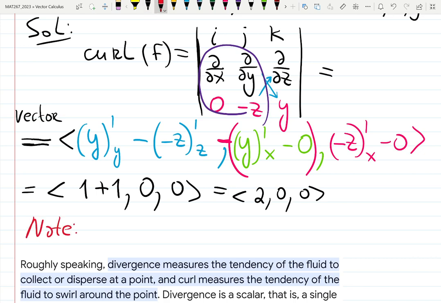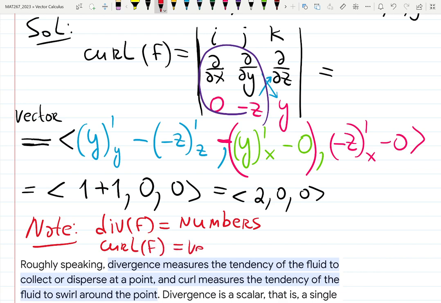So again, note, divergence is a number. How fast something is dispersing, diverges. Particles move away from each other. The speed is 5 or whatever. Well, curl of F is a vector because of the cross product.